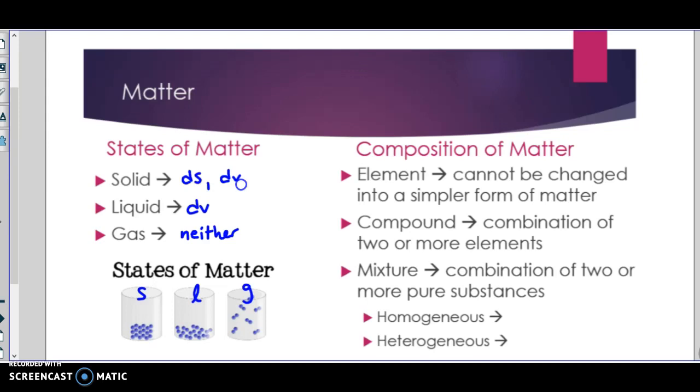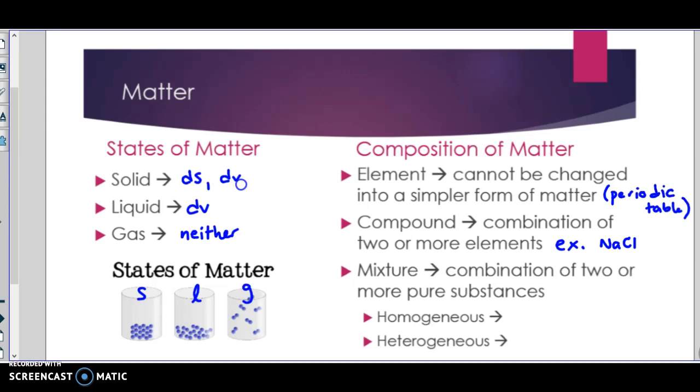Other important things about matter. An element is something that cannot be changed into a simpler form of matter. These are found on our periodic table. A compound is a combination of two or more elements. For example, NaCl.